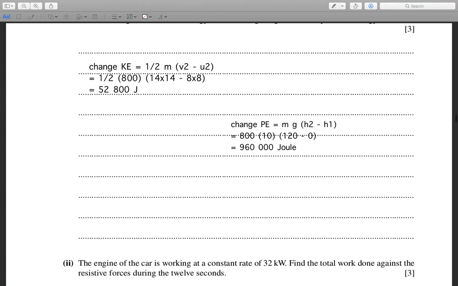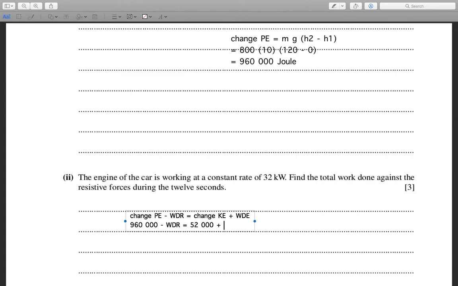Oh, I see, this is about P times T, 30 kilowatt times T, and T is 12 seconds.